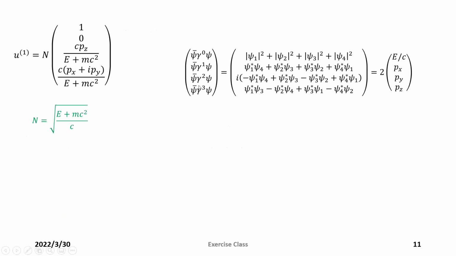So in summary, for U1 spinors, the 4 components will be E over c and px, py, pz. And so you can see that it really transforms like a 4-vector.